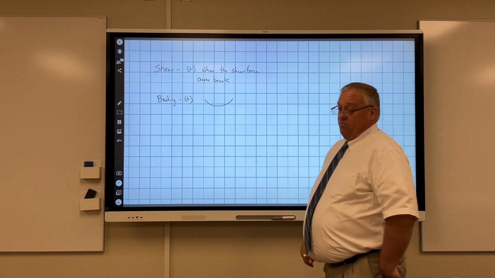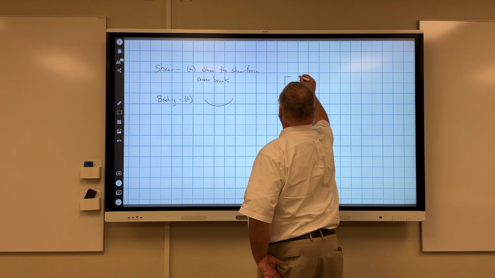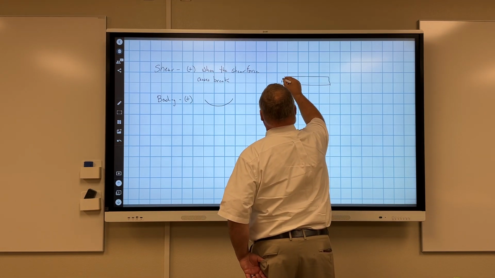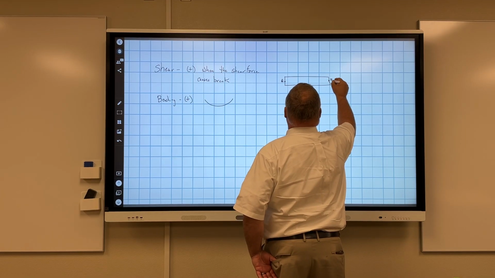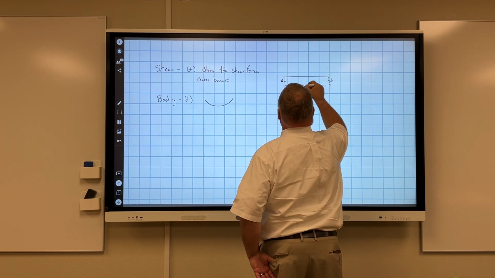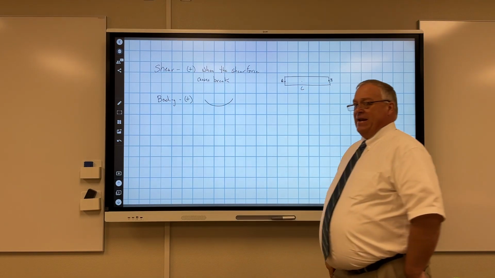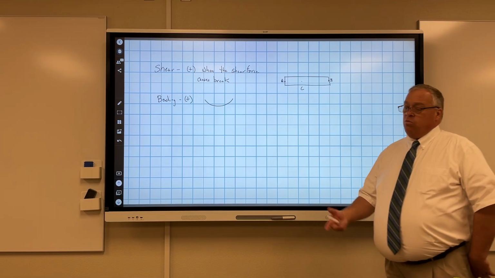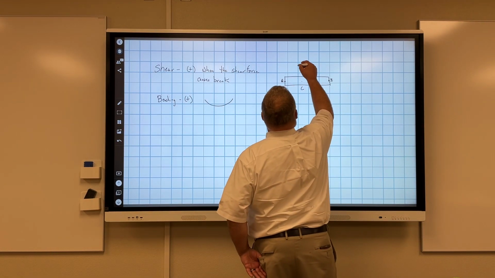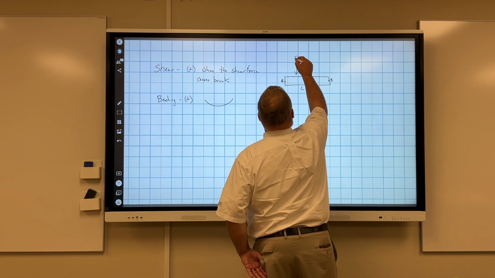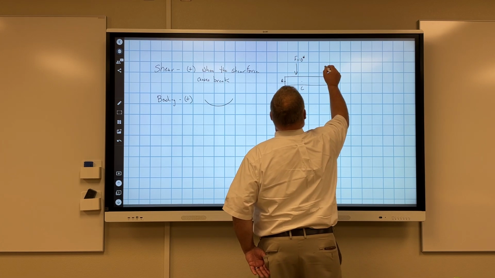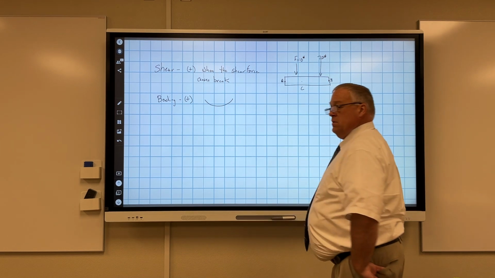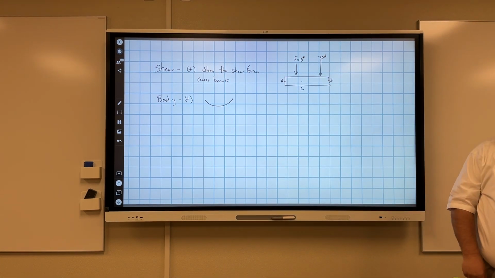Okay, so if we've got a beam that looks like this, I'm going to put point A at this end and point B at this end, and somewhere in the middle I have point C. Not in the exact middle, but somewhere in the middle. Okay, so if I put a force here, and I'm going to say this is 10 pounds, and I put a force here, which is 20 pounds, can I describe what's happening to that beam?